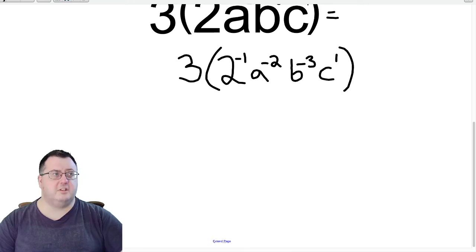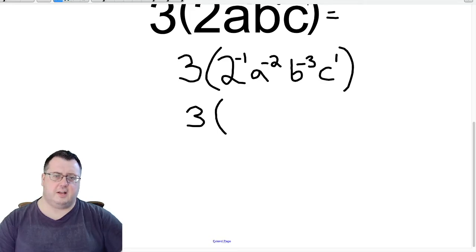Just extend the page a little bit so we can see what's going on now. Let's try and deal with what's going on the inside. 2 to the negative 1, little preview here for one of the later laws. When you raise something to a negative power, you are creating a reciprocal, and reciprocals generate 1 over the number.